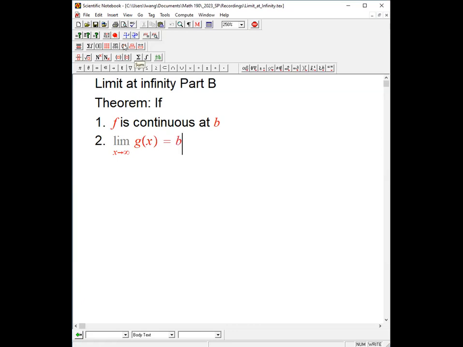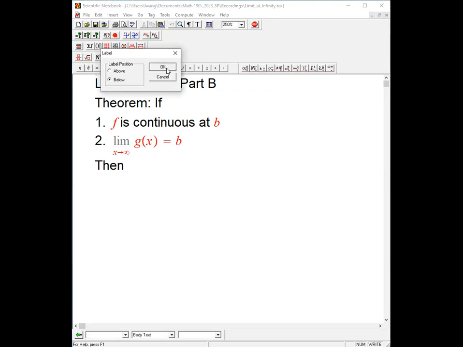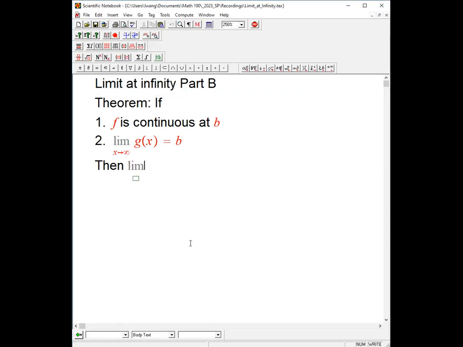Okay, f is continuous at b, right? So b is in the domain. So this also indicates that b is in the domain. And then the limit of this composite function when x is approaching infinity, f of g of x, will be equal to, so we can bring the limit across the continuous function.